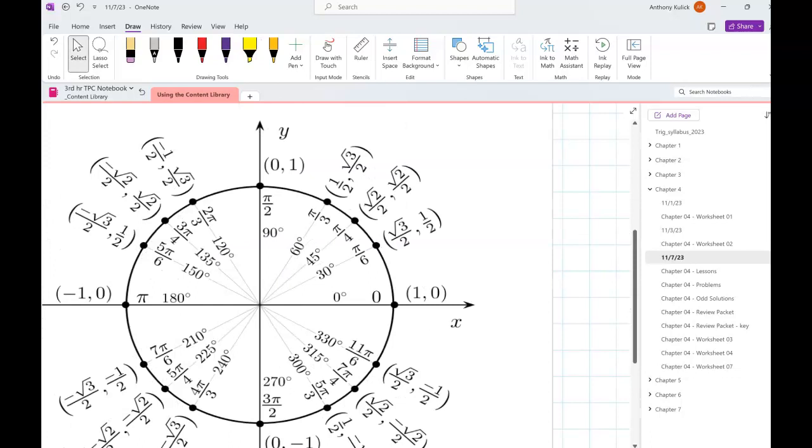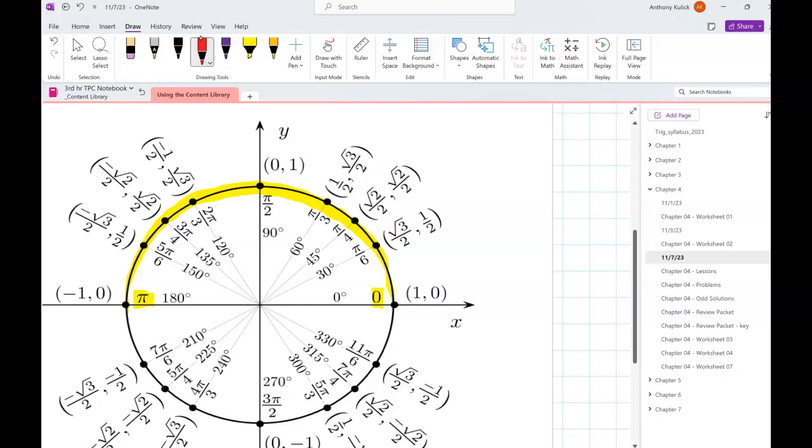So I go to my unit circle. From 0 to 2 pi is a positive number, so I'm going to be going counterclockwise. Starting at 0, I go all the way till I get to pi. So I'm going to be looking in quadrants 1 and 2 for my solution.